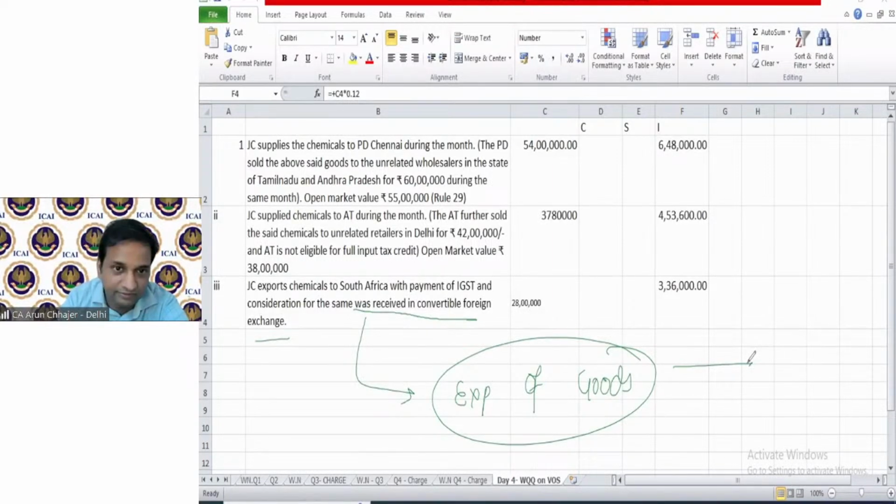For export of the goods, it is immaterial whether amount is being received in the foreign currency or INR or something else. To consider the transaction as export, simply need the movement from India to outside India. That's it. There is some other provision regarding the refund. I'm not going into that provisions.